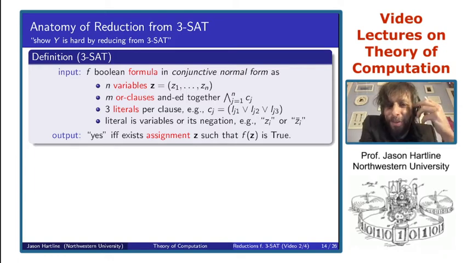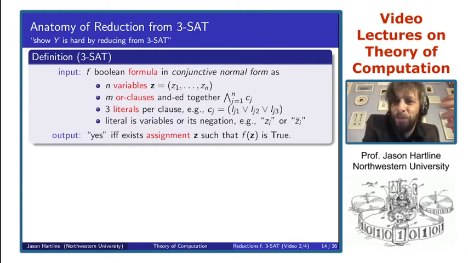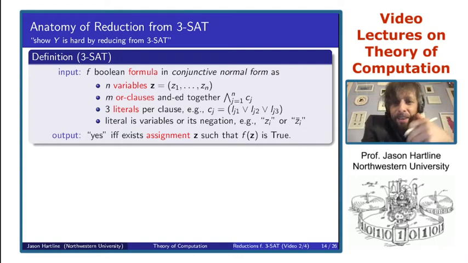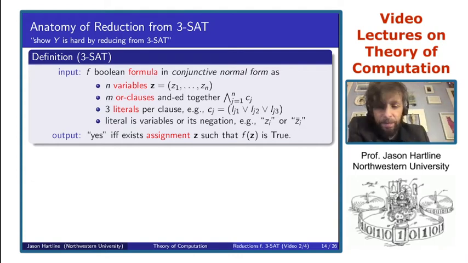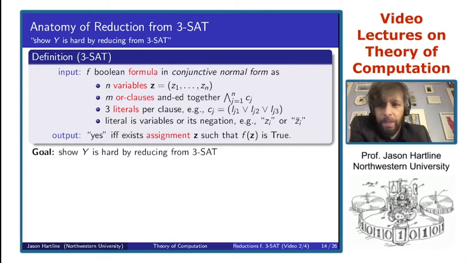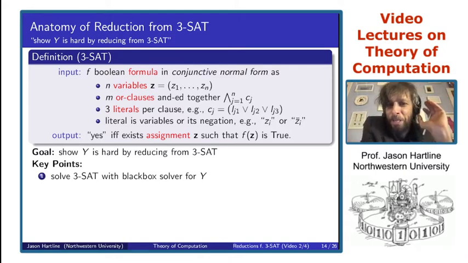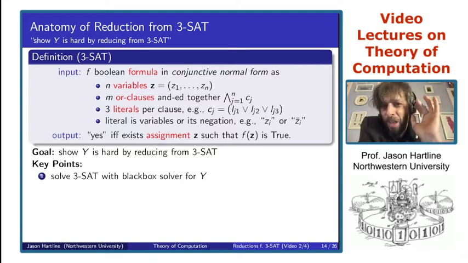So let's talk about what goes into a 3-SAT reduction. We're reducing from 3-SAT to some other problem, y. Again, we're trying to show that y is as hard as 3-SAT by reducing 3-SAT to y. Two key points of what we're trying to do here. We're reducing from 3-SAT to y, which means we have a funny computer that knows how to solve y, and we're trying to solve 3-SAT.